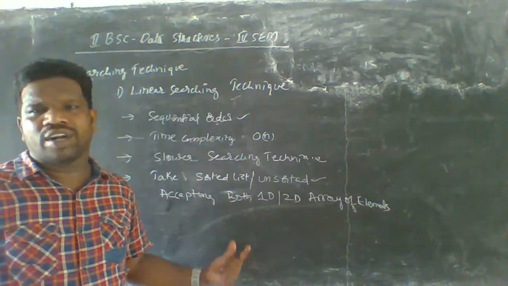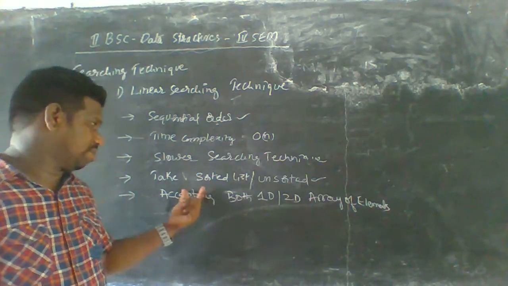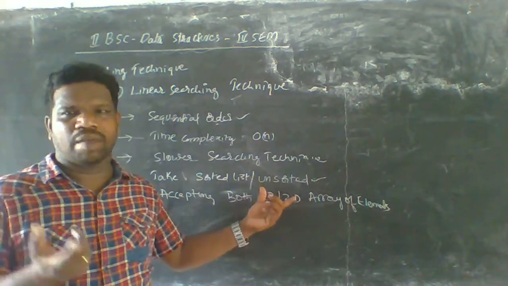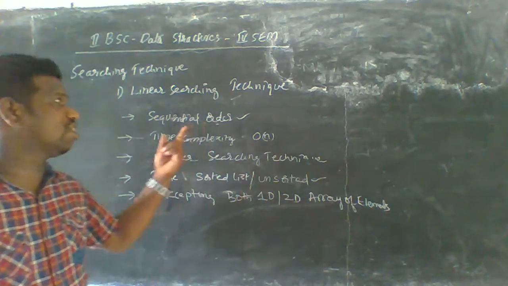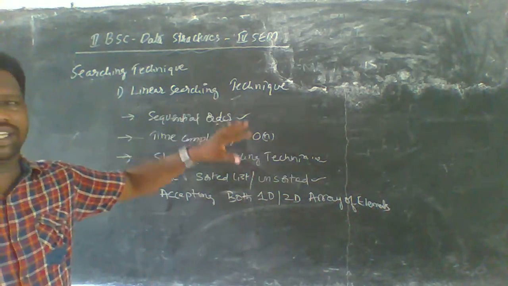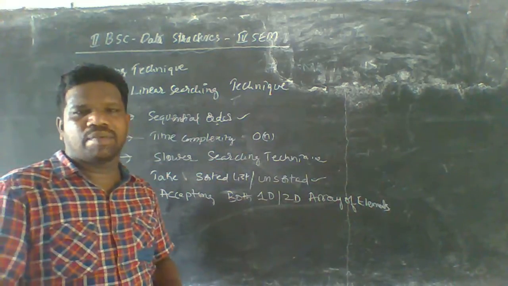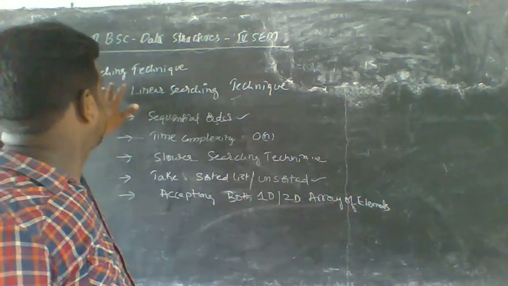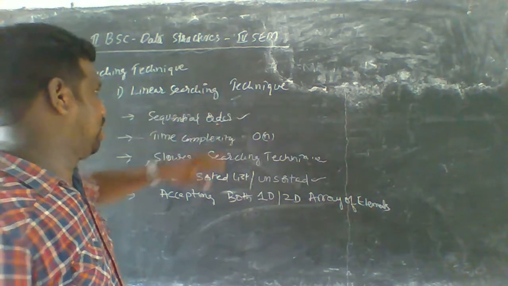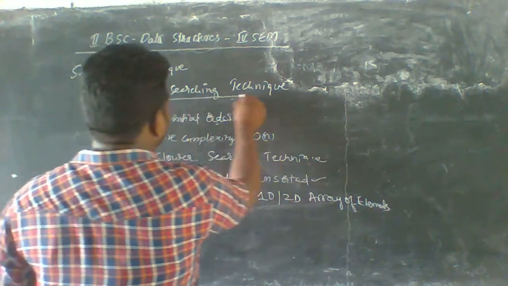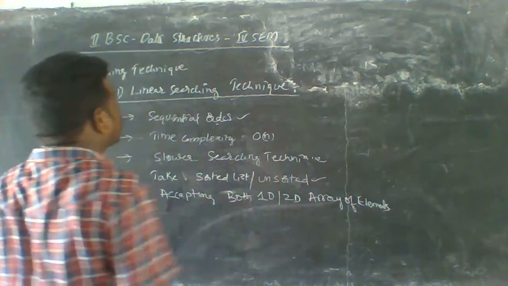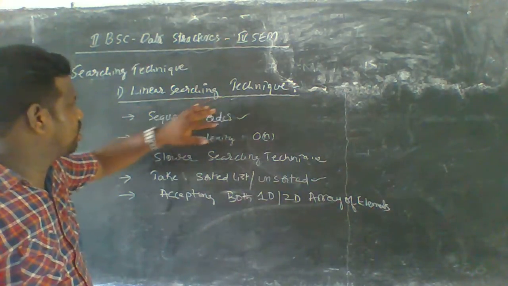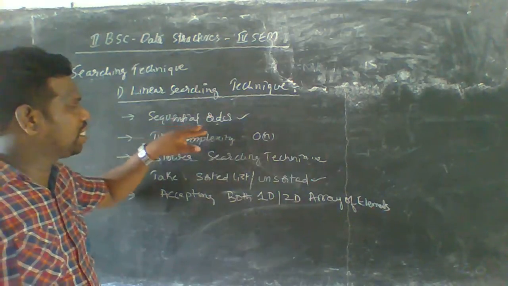If the one dimensional array is a sorted list or unsorted list, whatever it may be, we can follow this rule using the linear searching technique. The linear searching technique goes in sequential order.